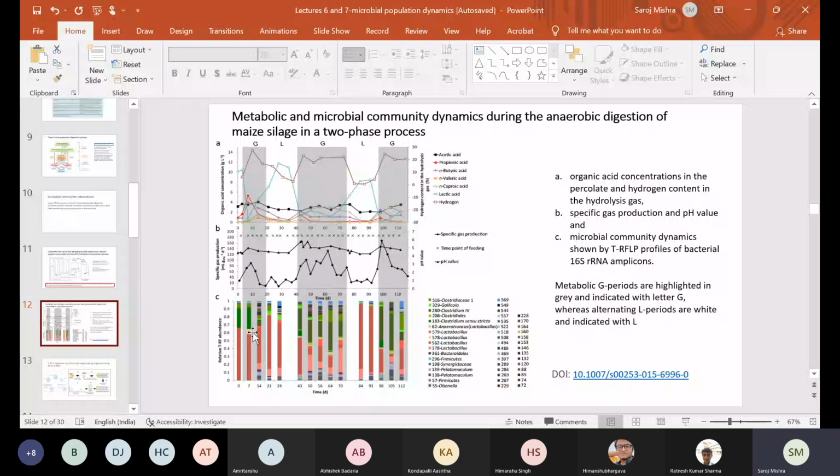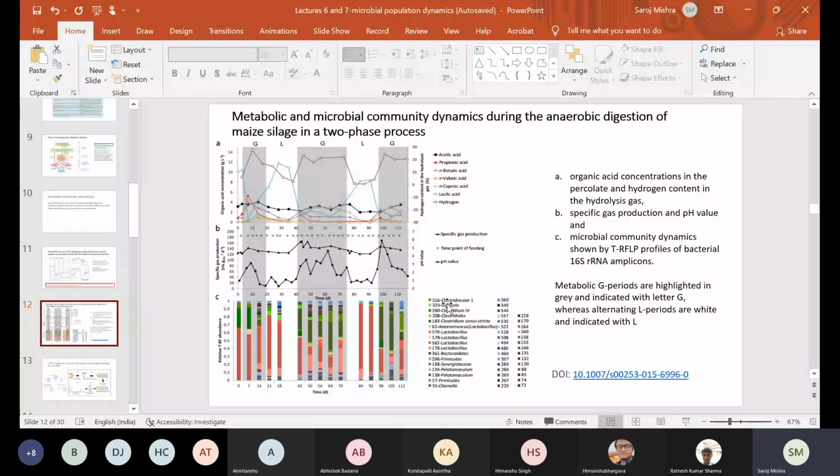All others are small. But then when you look at the gas phase, you see the green ones, which are the Clostridia, which are responsible for production of volatile fatty acids, because Clostridia are anaerobic microorganisms. They break down sugars and convert them into acetic acid, propionic acid, etc. Because there is a lack of oxygen, they are not able to metabolize glucose or any sugar or carbon source completely into carbon dioxide and water.